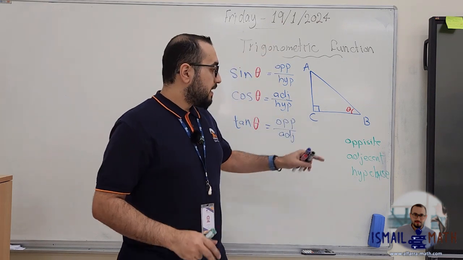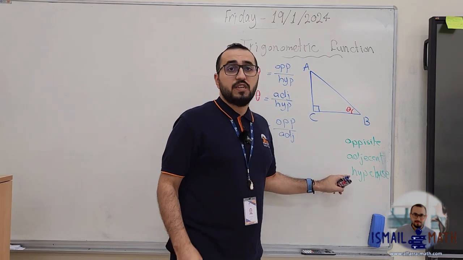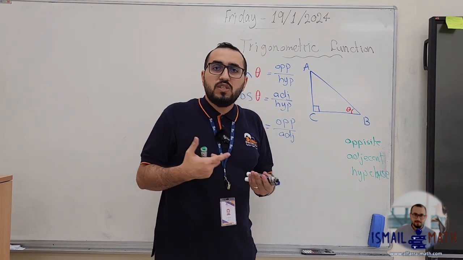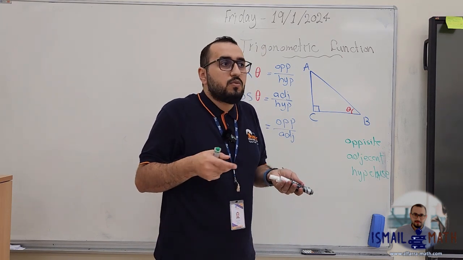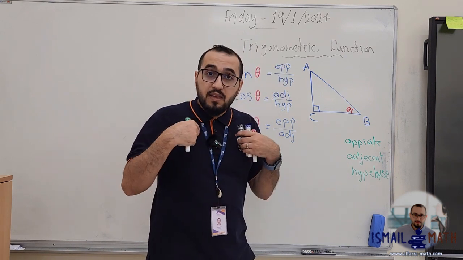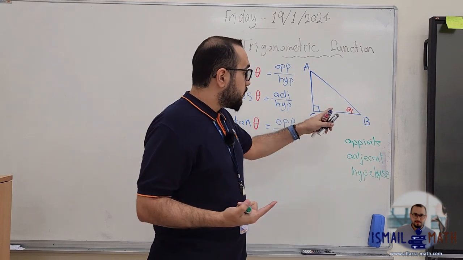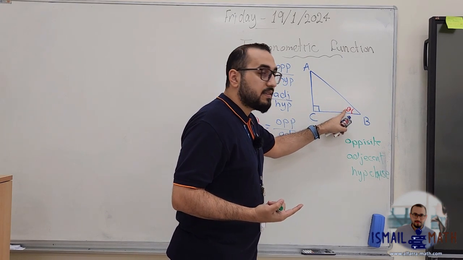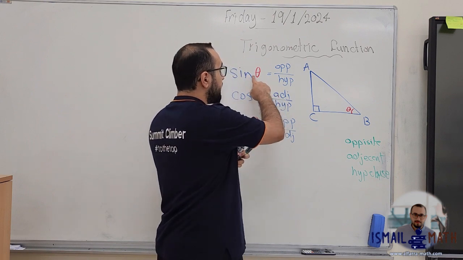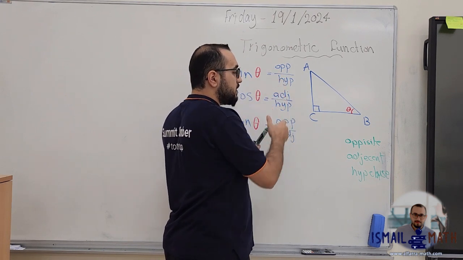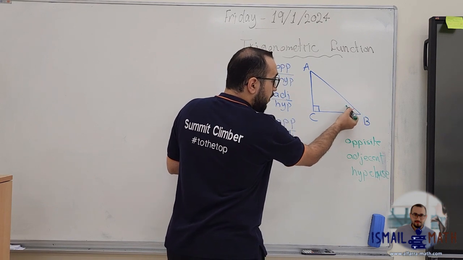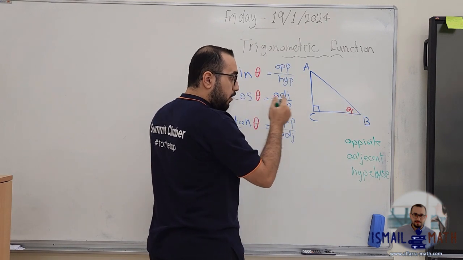Now, what are the opposite, adjacent, and hypotenuse related to? All of these are related to the theta that we need to find, which means they are related to this theta here. If I say sine theta is opposite over hypotenuse, what is the opposite side of theta?